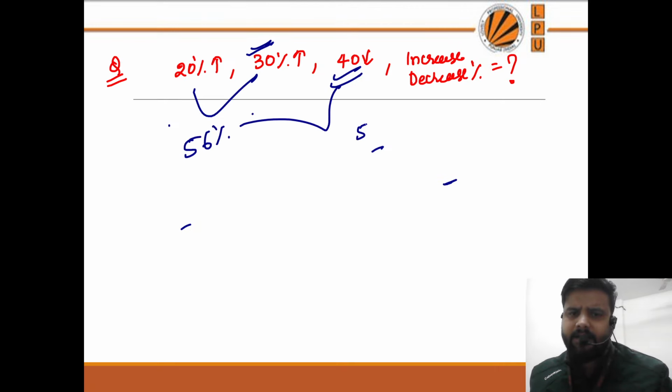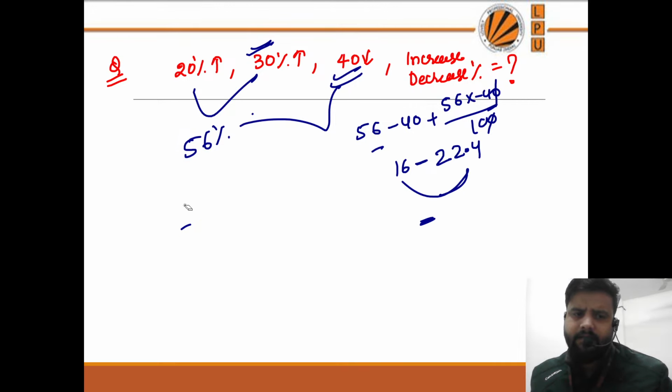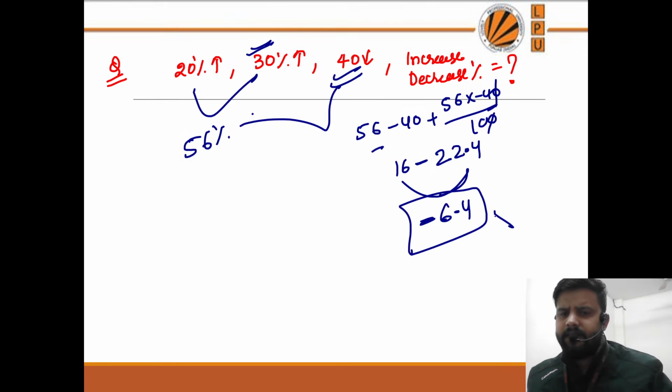When you apply between these, it is 56 minus 40 plus 56 into minus 40 divided by 100. So it is giving you 16 minus 22.4, and it is minus 6.4, which gives you a decrease of 6.4.